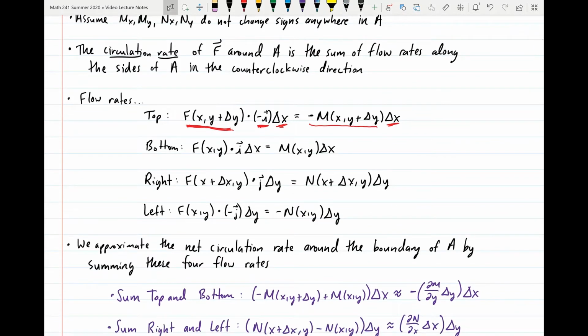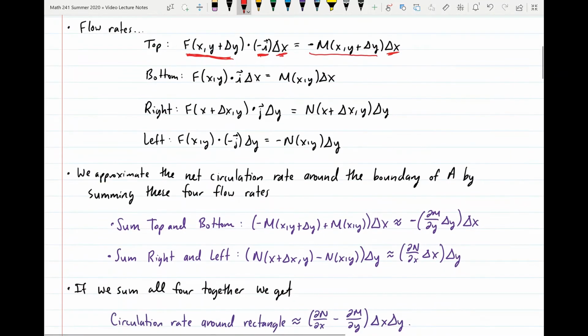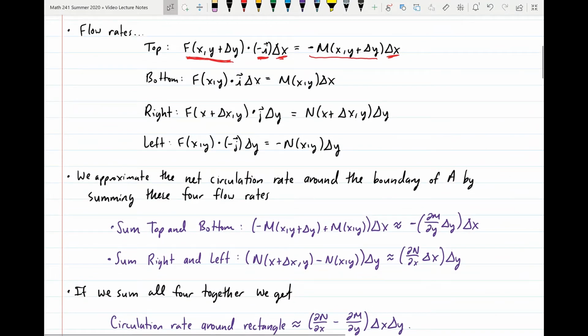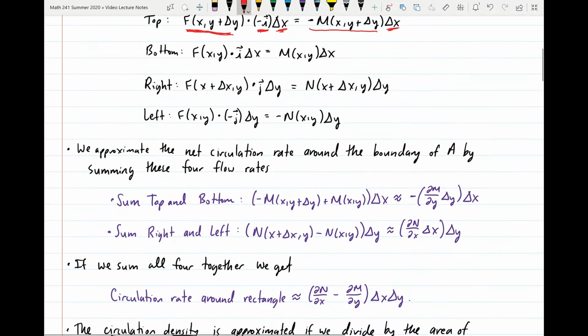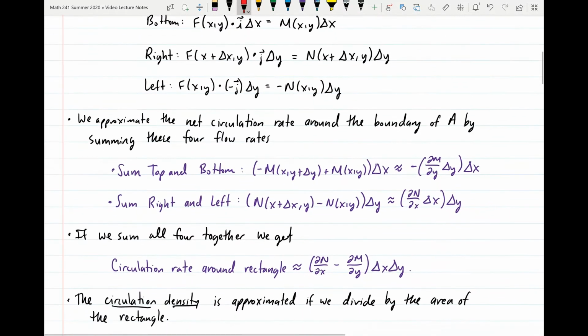And then finally, the left side can be approximated as minus n of x, y times delta y. So these are expressions for the flow rates along each side of this rectangle, and we can approximate the net circulation rate around the entire boundary of our rectangle A by summing up these 4 different flow rates.